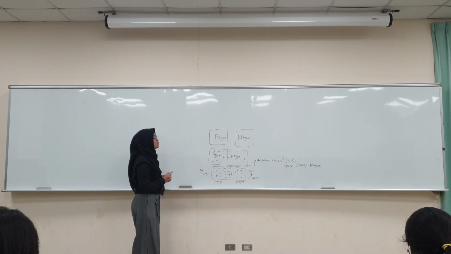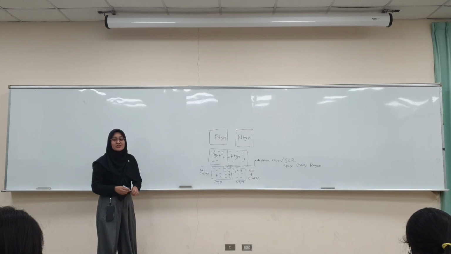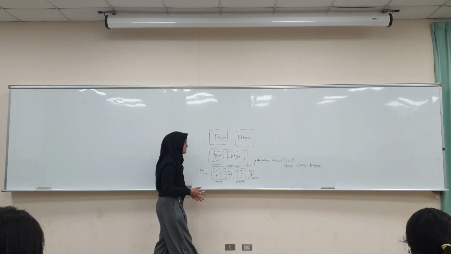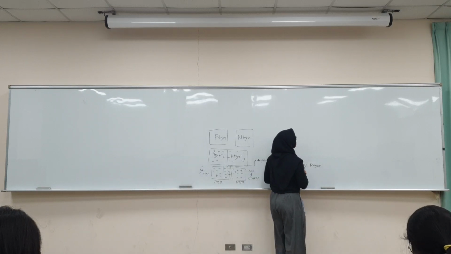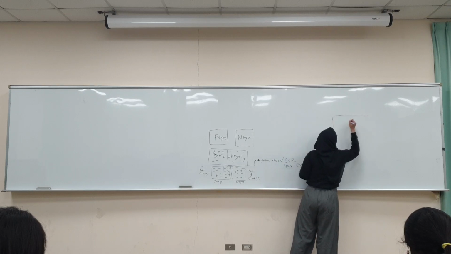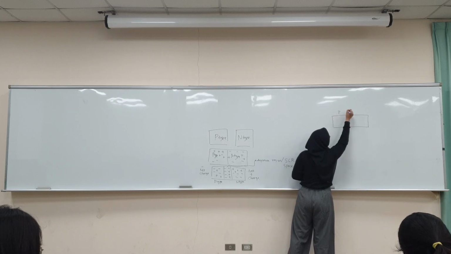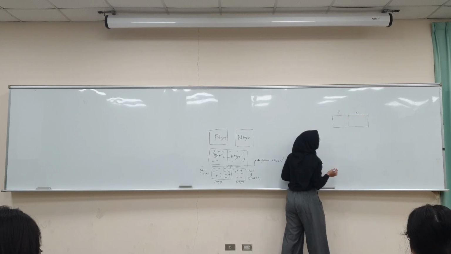But to calculate that, we need to analyze the band structure of the PN junction first. So, as you guys know, here is P and here is N, right?